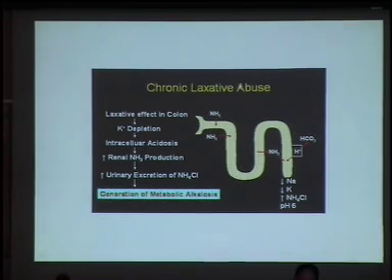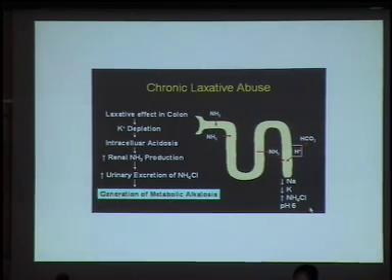Patients who take lots of laxatives will develop metabolic alkalosis, okay? Not metabolic acidosis like what you think. Diarrhea mainly causes metabolic acidosis, but chronic laxative abuse causes metabolic alkalosis because they lose a lot of potassium, and then it increases ammonium production and increases the ammonium chloride.